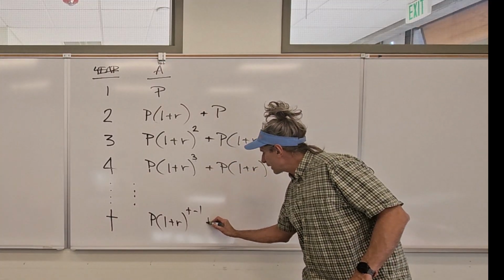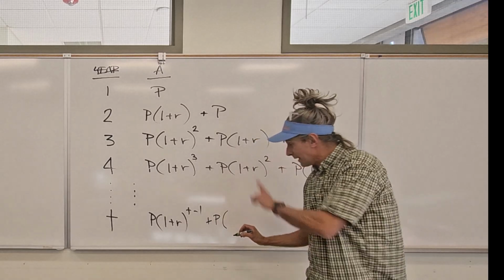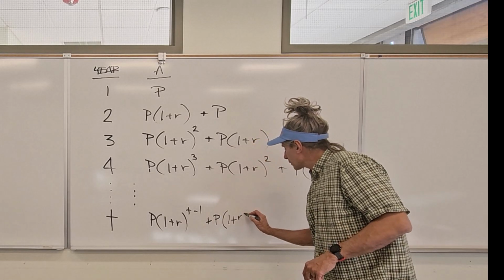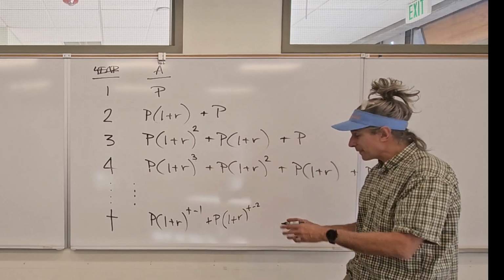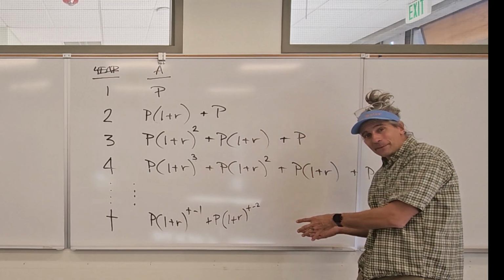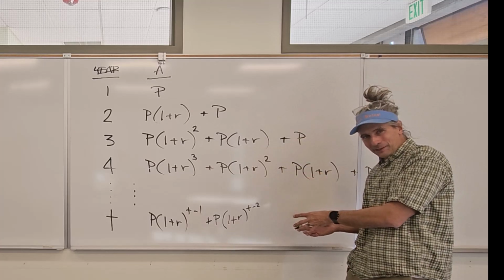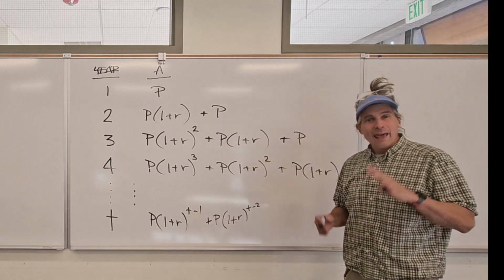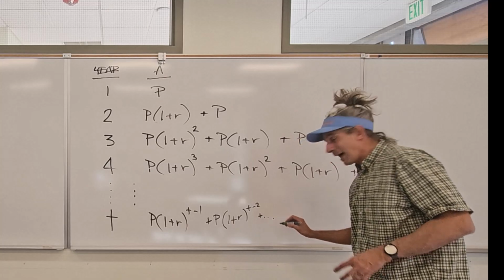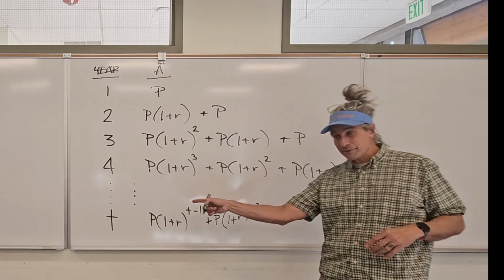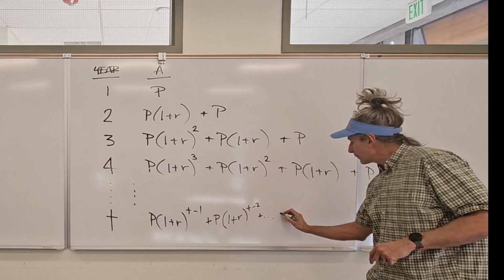So the next term would be P times 1 plus r to the t minus 2, and then 1 plus r to the t minus 3, and then 1 plus r to the t minus 4. And we keep going, dot, dot, dot, because t is a variable, so we don't know how many years there are.